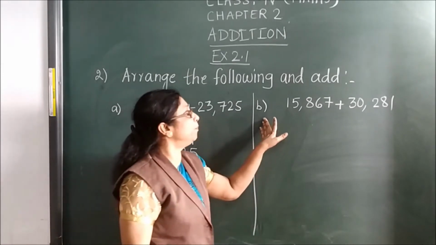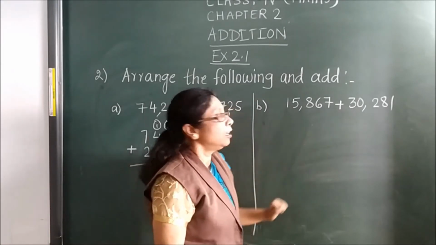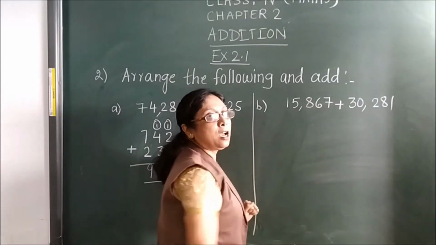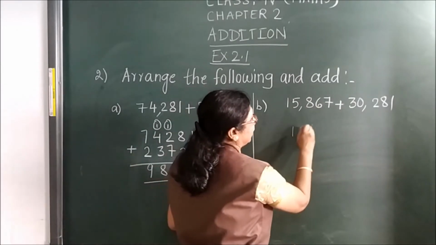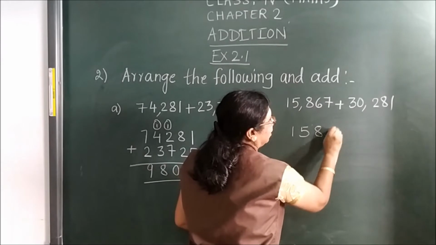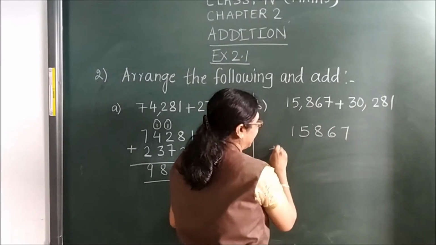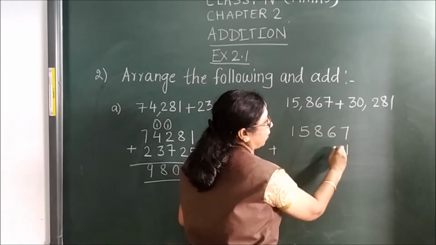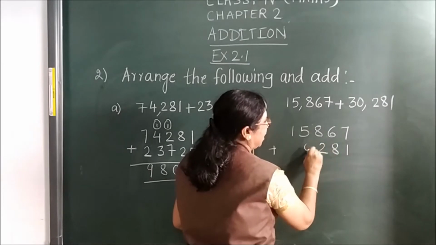Here also in next sum we'll see the numbers are given in the horizontal. First arrange it in the vertical way. We'll write here, put addition sign, start writing from the right and we'll move to the left.